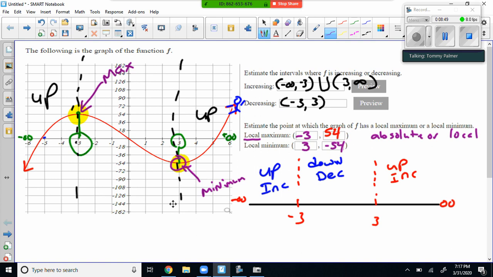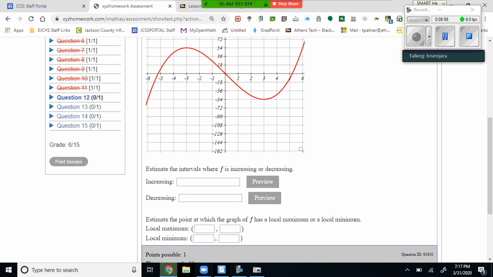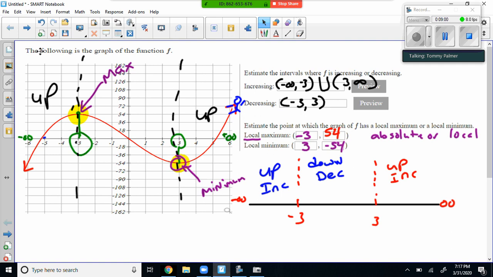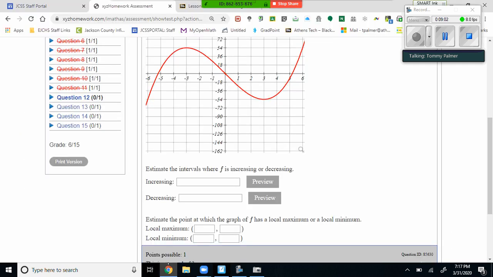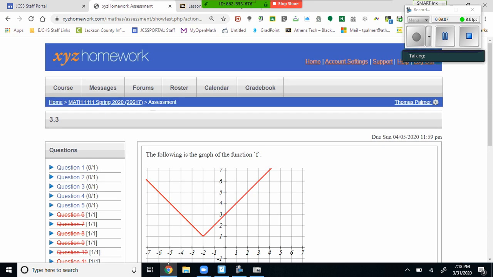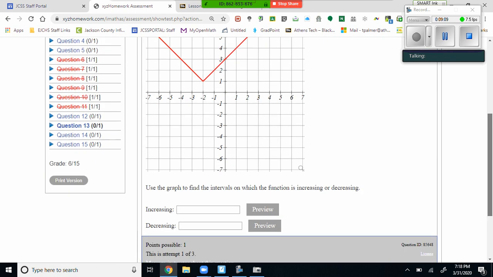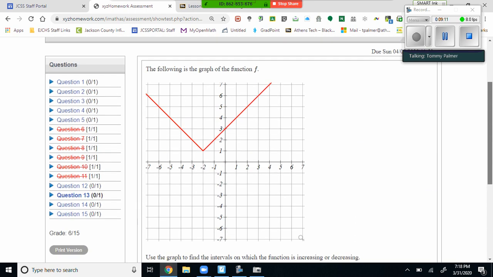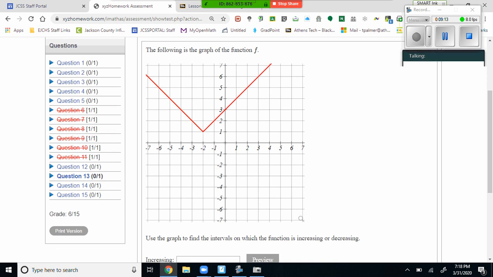So let's see if we've got another one here. If you see what y'all can do on this one. Okay. That was number 12. All right. So let's see 13. 13 is just increasing, decreasing. So I'm just going to grab half the graph since it's only that.